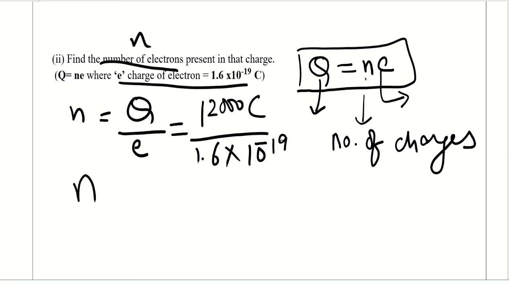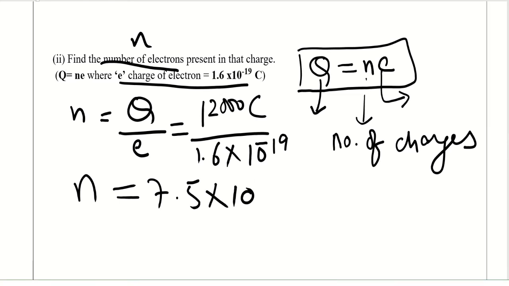After the calculation, the number of electrons comes to 7.5 times 10 to the power 22.